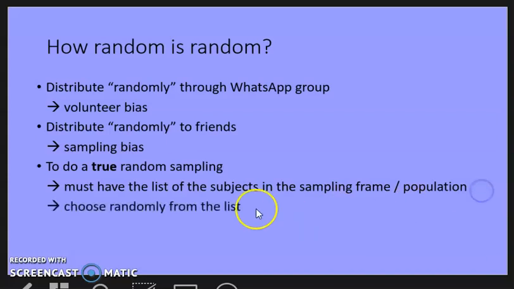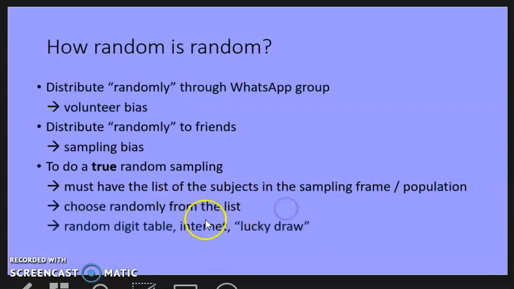So how do you choose randomly from the list? They can use a random digit table; there is a specific way on how to use it. Or now you can search on the internet for a random sampling tool, and usually they ask you the total number of people in the population and your sample size, and they will give you the numbers you should choose as your subjects.